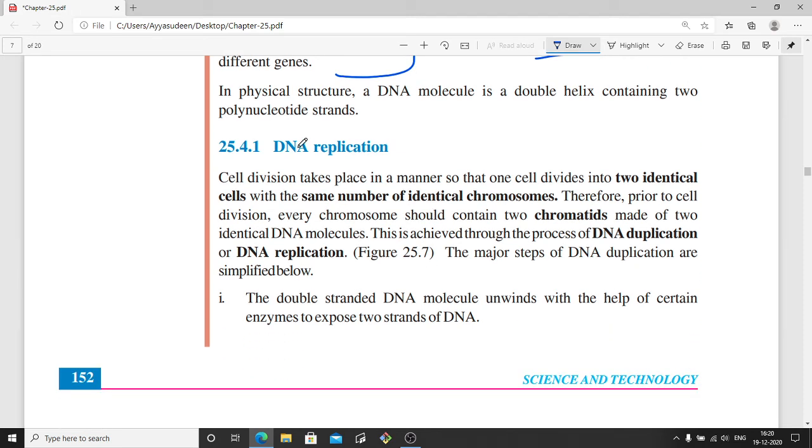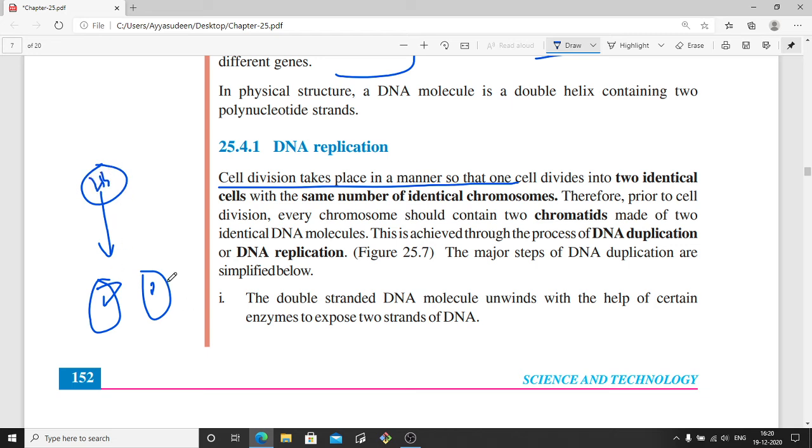Next is DNA replication. Cell division takes place in a manner so that one cell divides into two identical cells, with the same number of identical chromosomes. For example, humans have 23 pairs of chromosomes.